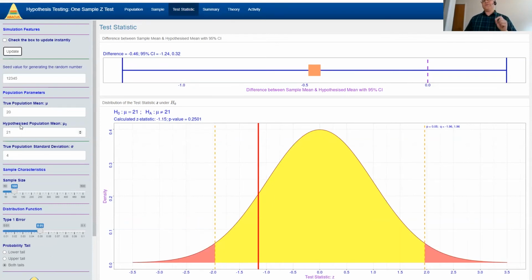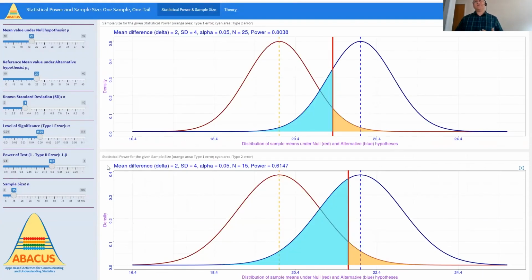So that's quite important, and we have to do that even before collecting data. For any experimental design or experimental work, we have to think about what sample size we need to find the difference if it exists.